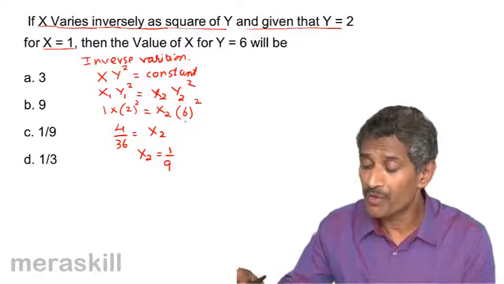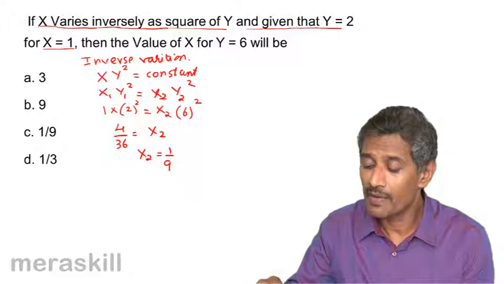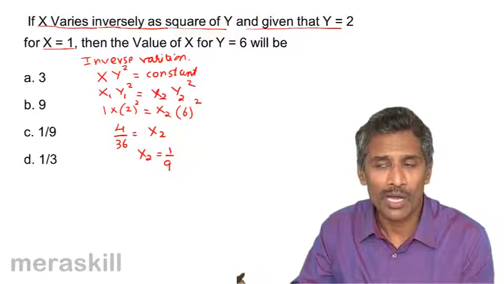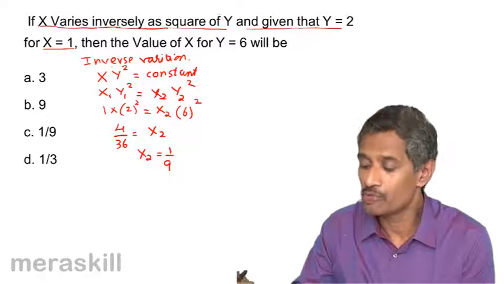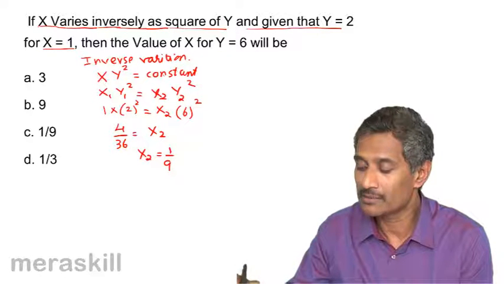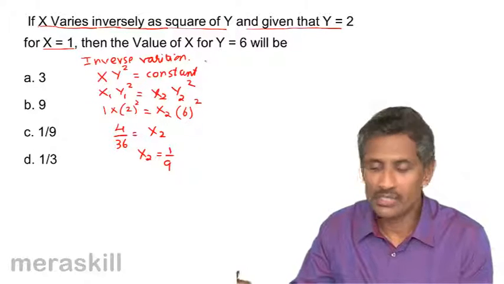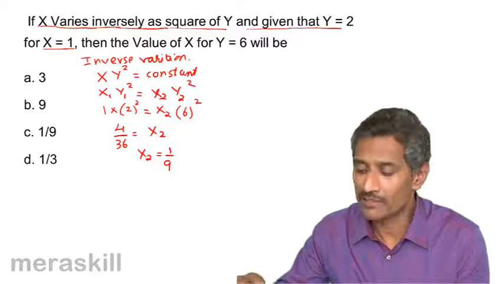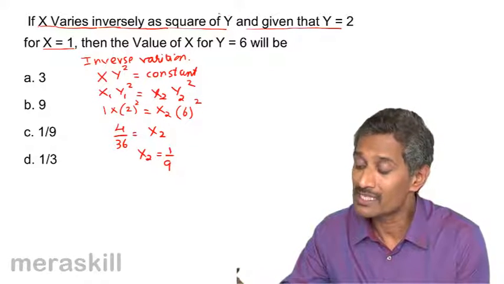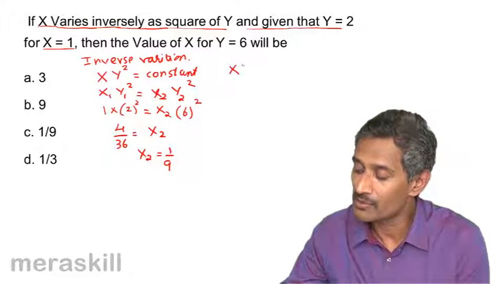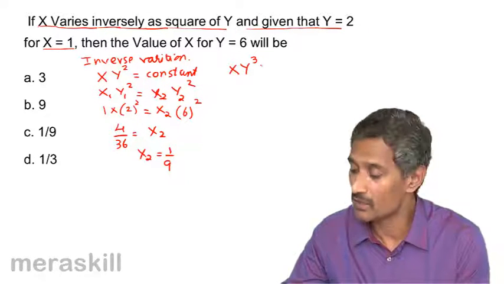So I repeat, whenever you have a case of x varying inversely as y or square of y or cube of y, it means the product is constant. Suppose you say in the same example or a similar example, x varies inversely as cube of y. In that case, it's going to be x y cube is a constant.